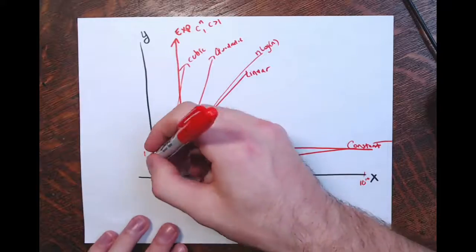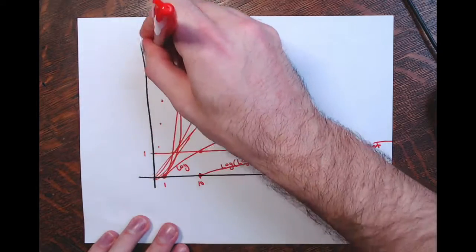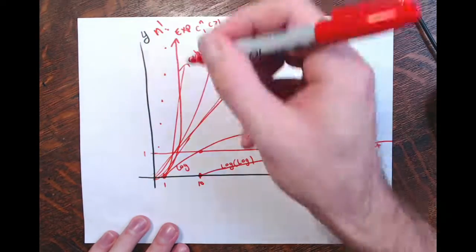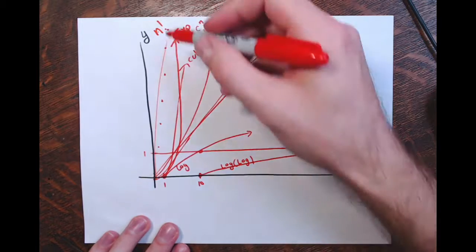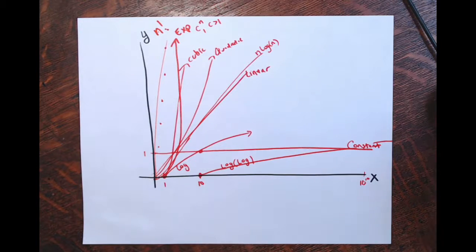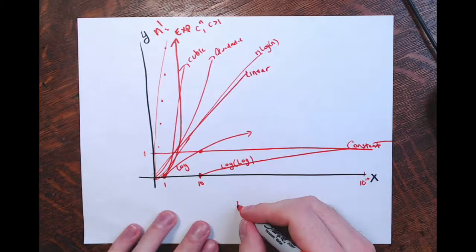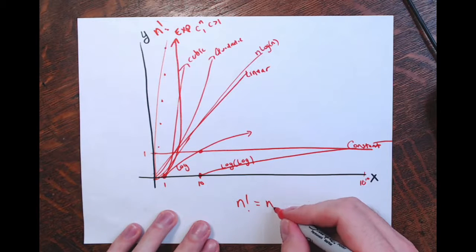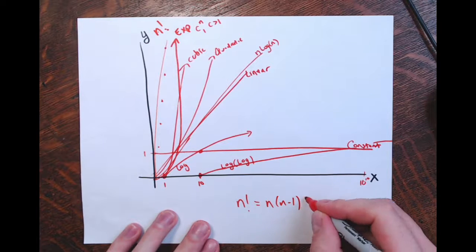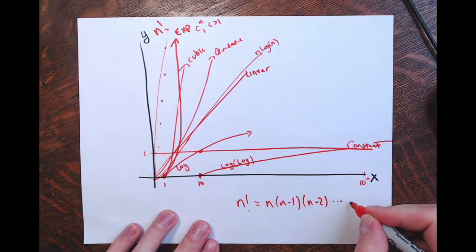And then finally, factorials. This is a terrible drawing. But remember, n factorial is n times n minus 1 times n minus 2 times n minus 3, all the way down to times 3 times 2 times 1.